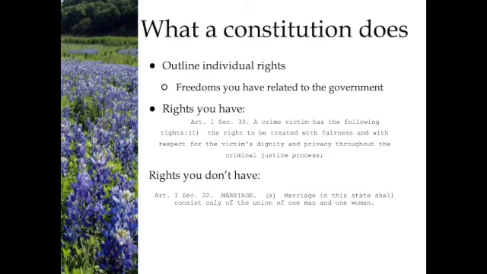And then a constitution sometimes will also outline what rights you don't have. So continuing in Article 1, Section 32 of the Texas Constitution, under our Constitution, you don't have the right to get married to someone who is of the same sex as you.